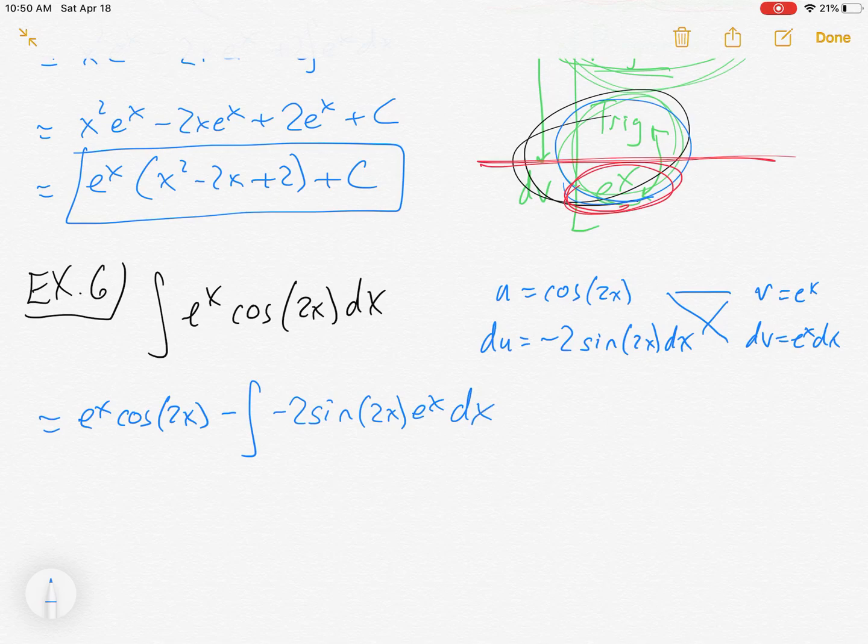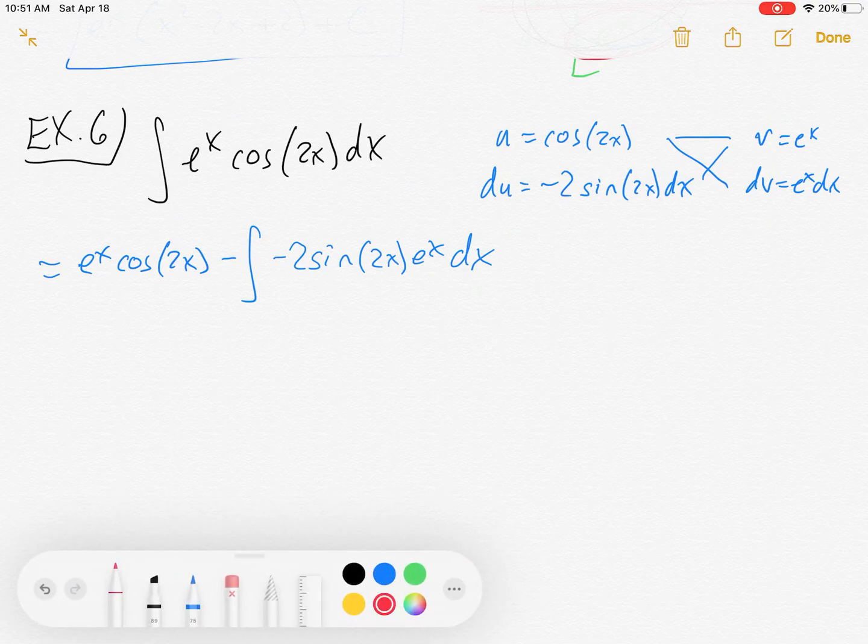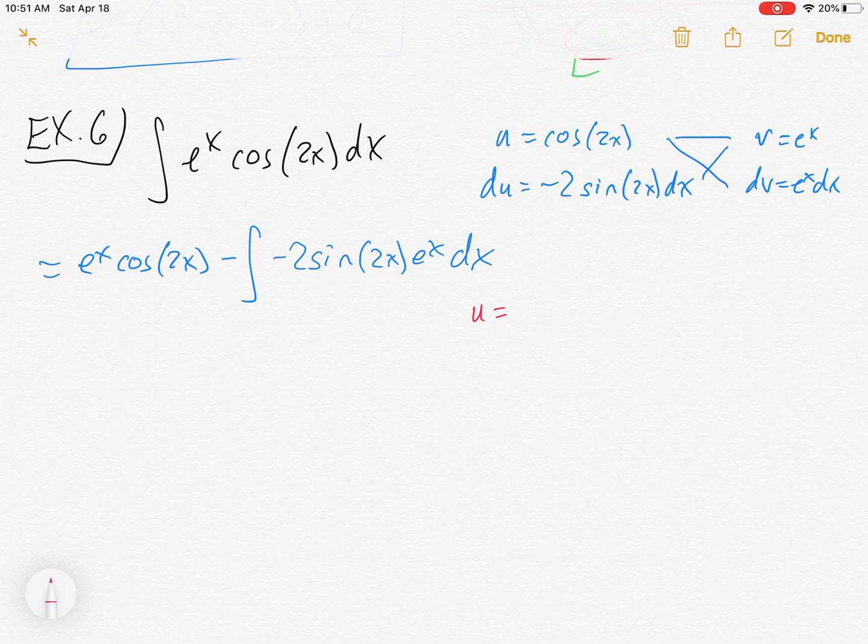So we're going to have a minus 2 sine 2x e to the x. And really we feel pretty discouraged by this because we don't know how to integrate that either. In fact, we're worse off than where we started. So whoever figured this out was a really patient person who didn't let themselves get discouraged, because we are on the right track. It's just, this is one where we have to do integration by parts again.